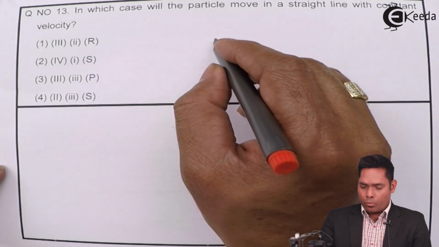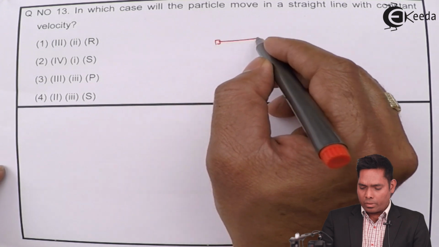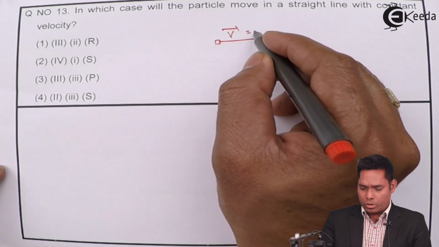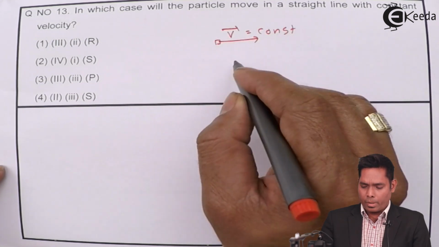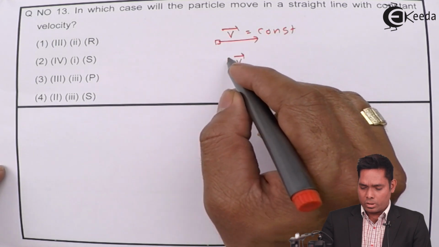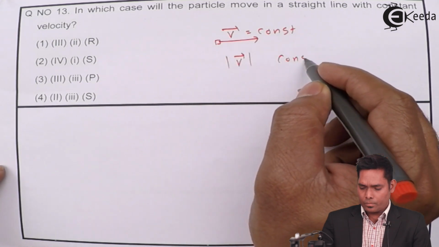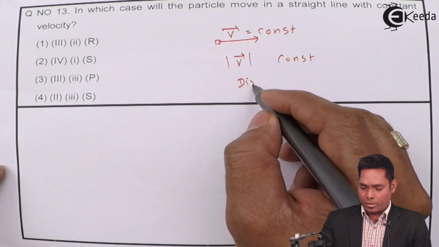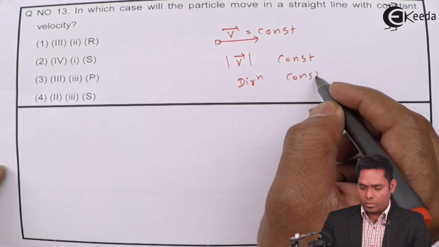For a particle to move in a straight line with constant velocity, that means v has to be constant, its magnitude is constant and direction is constant.